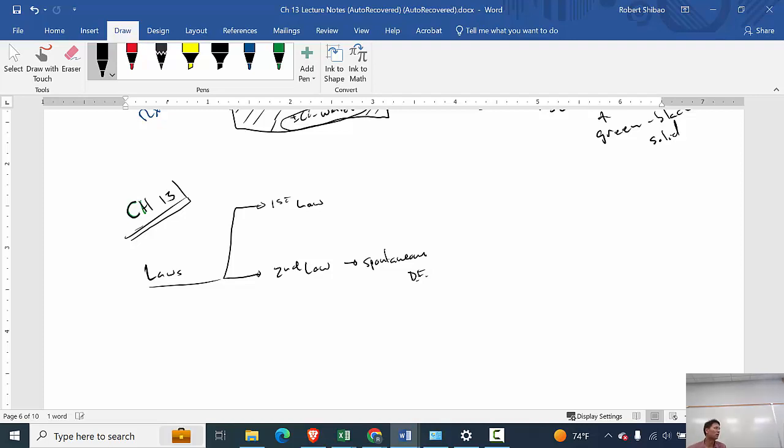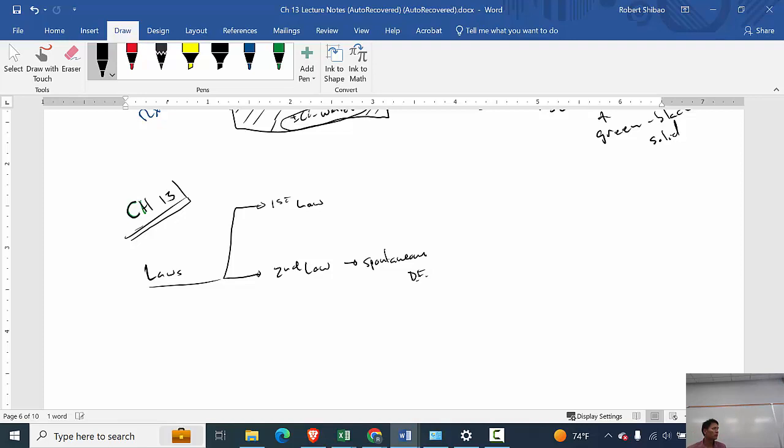Nature tends toward lower energy, so that's spontaneous. However, would it spontaneously fall up? No, because there we're going from lower energy to higher energy. So we don't expect it to fall up, we expect it to fall down, and that's what we see in nature.